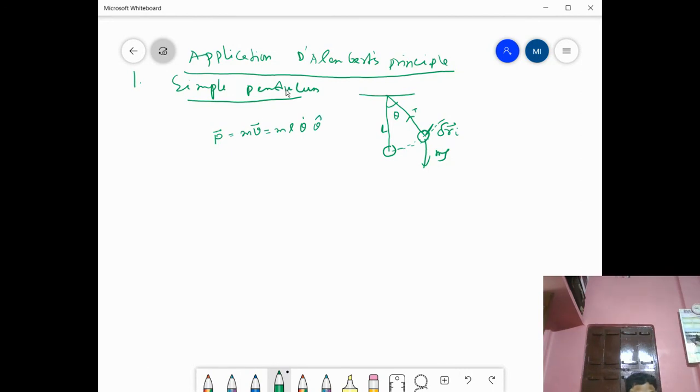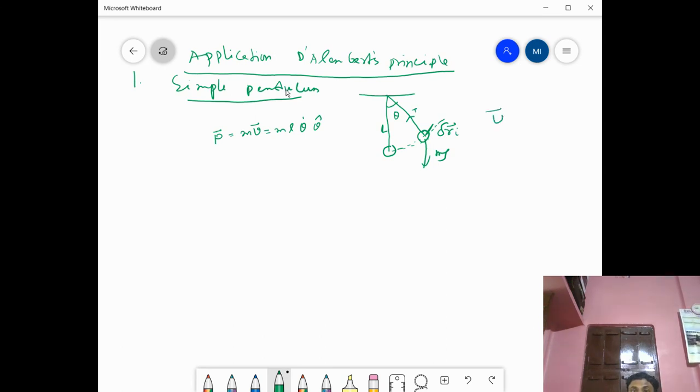Theta cap is the direction of delta Ri, right? Because this is generalized polar coordinates r, theta. Since r is constant, r equals L. This is the expression for velocity.